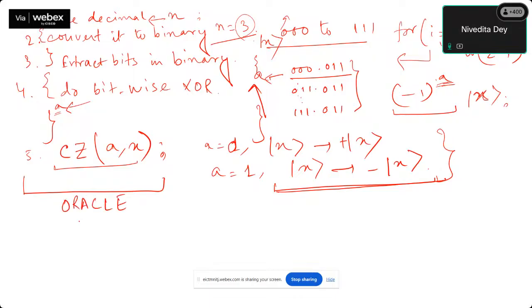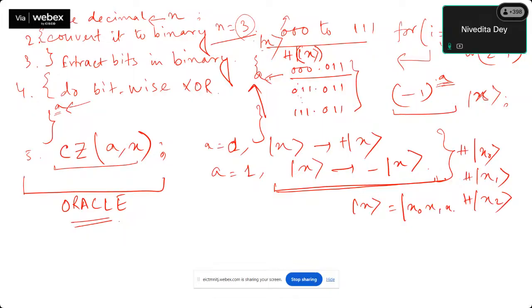So you will be standing somewhere. Oh, and I just missed this thing. After getting this, you have to of course apply a Hadamard on X. That is definitely required. Hadamard on X, and how you can do that? Hadamard on X0, Hadamard on X1, Hadamard on X2, because X is nothing but your X0, X1, X2, which is your initial 000.